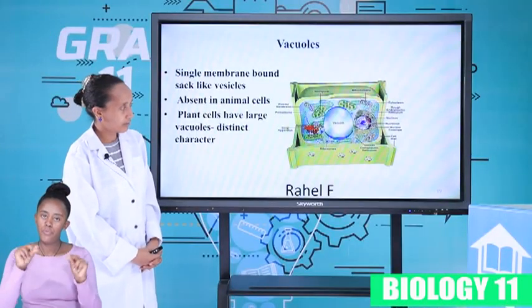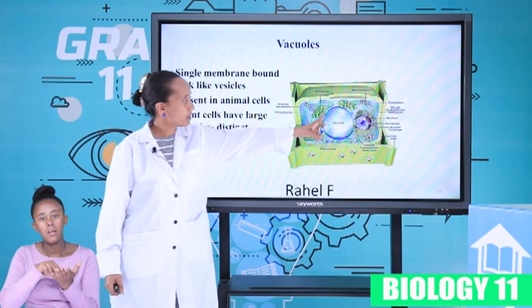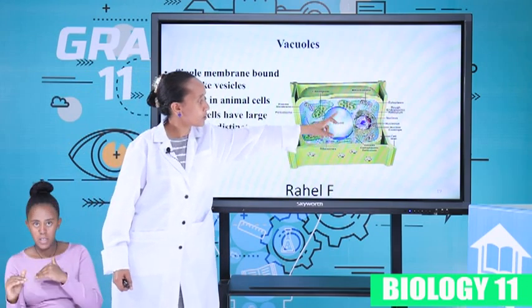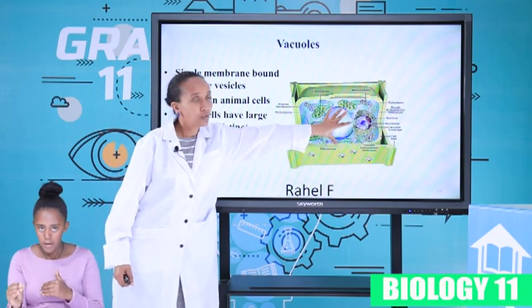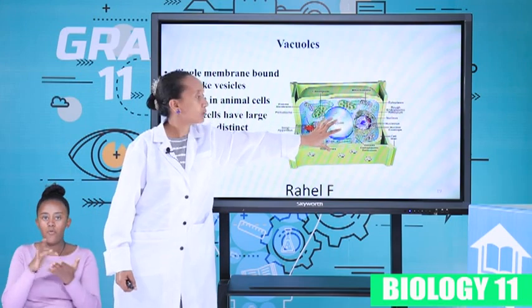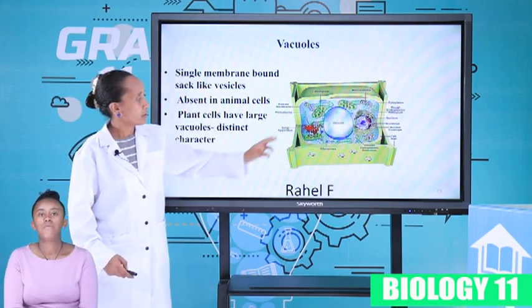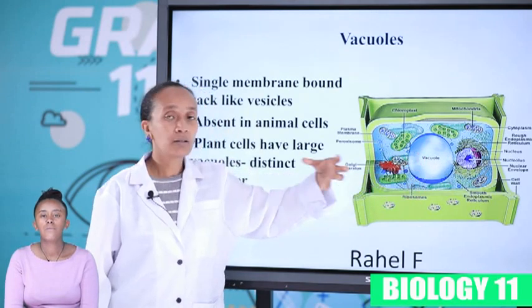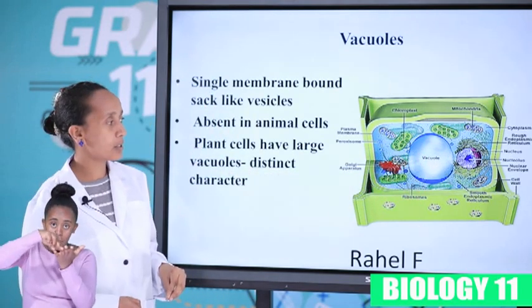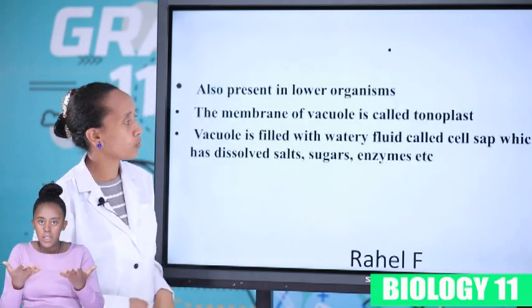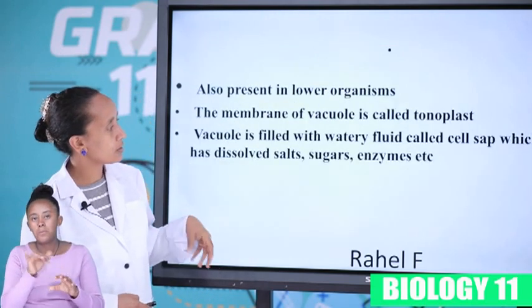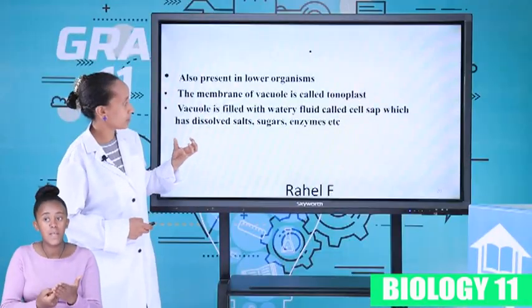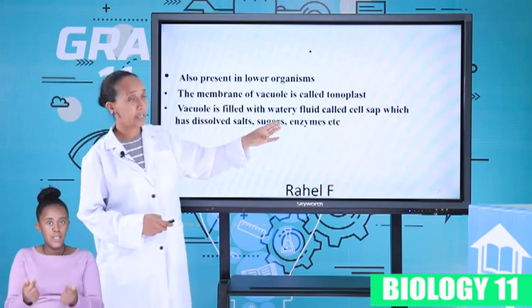If you look at plant vacuoles, they are large in size, as you see here, and they occupy most of the central part of the cell. This central vacuole contains different dissolved substances in the form of solution, and we call this solution cell sap.